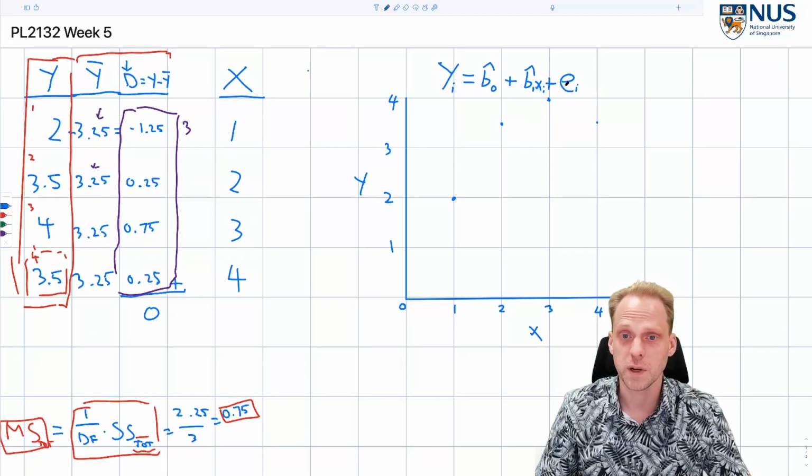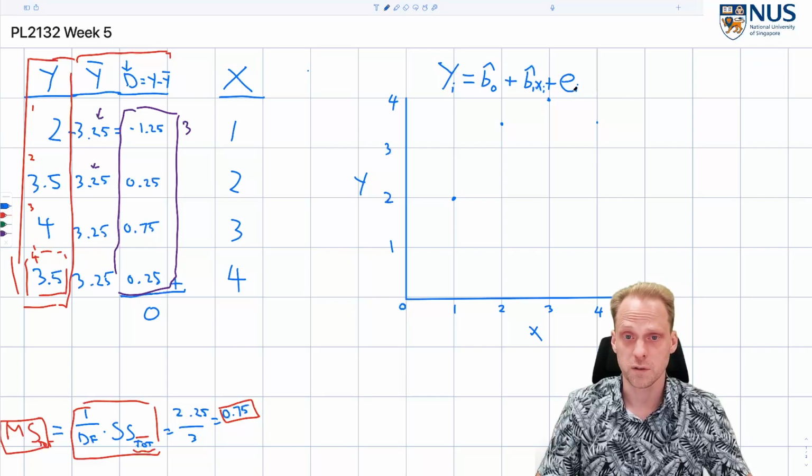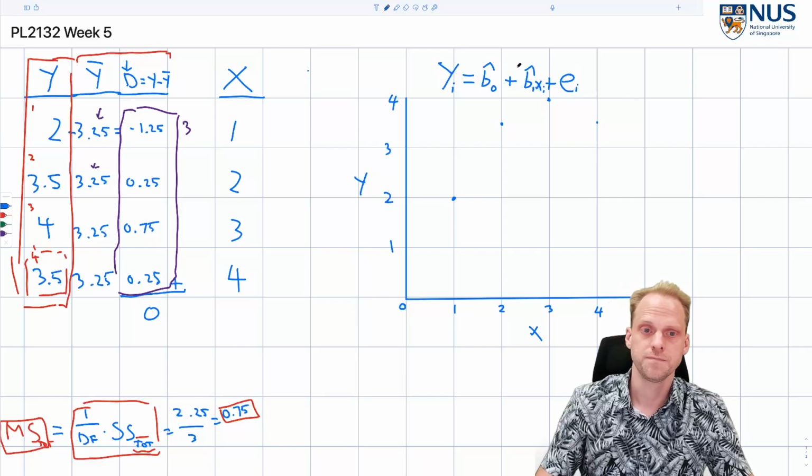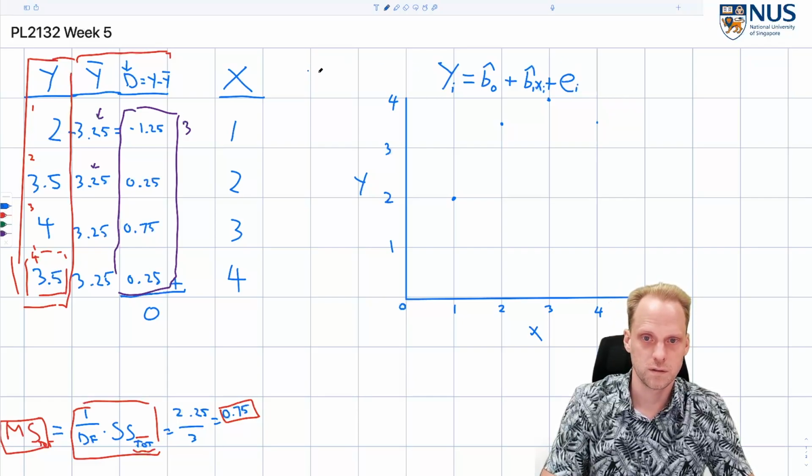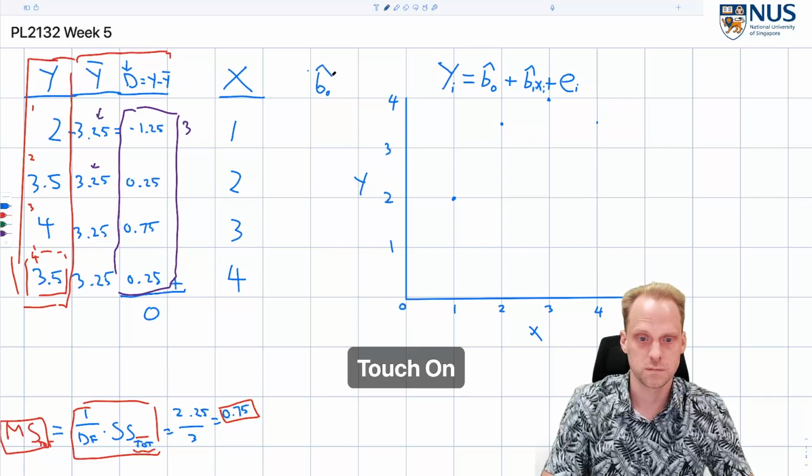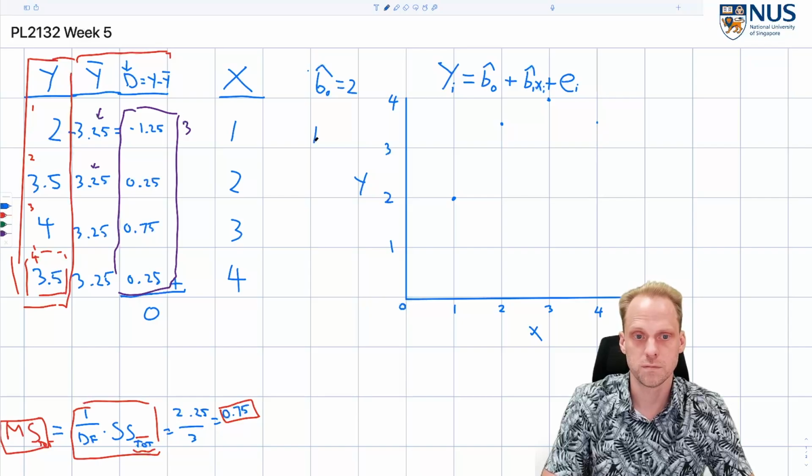Now if I estimate a model using least squares regression, in this case I would get the following parameters. The intercept would be 2 and the slope would be 0.5.